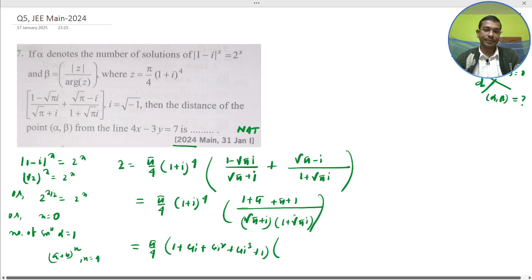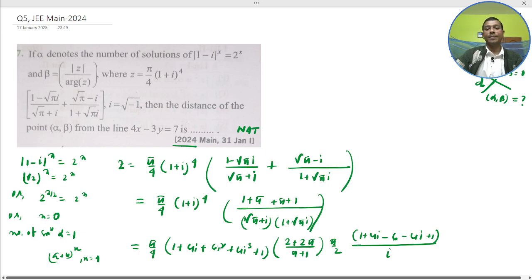Here this would be what? 2 plus 2i pi divided by pi plus 1, and pi by 2 is common here. In the numerator 1 plus 4i minus 6 minus 4i plus 1, just multiply and calculate. It is a simple step, just multiply and calculate, you would get this expression.